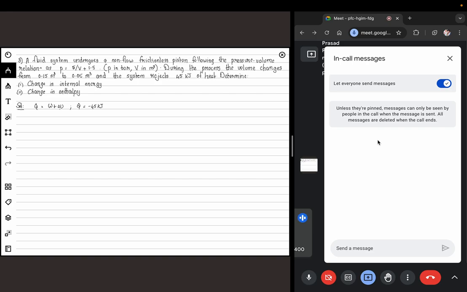In order to find delta U, I need to calculate W. We already know W is the integral of PdV between initial volume and final volume. In this case, the pressure is varying with volume in this particular fashion, and my initial volume is 0.15 to a final volume of 0.05.